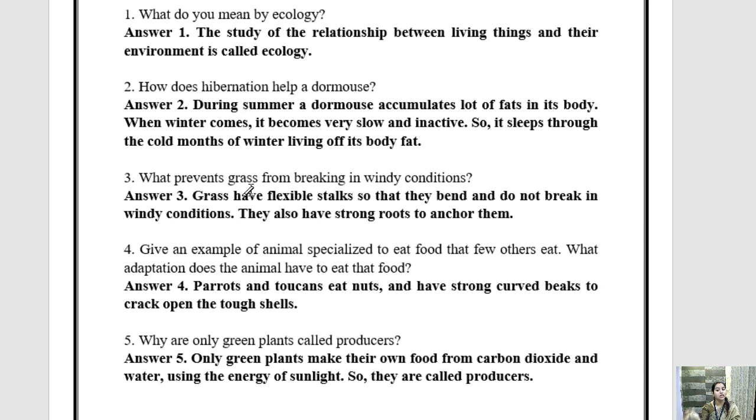Give an example of an animal that is specialized to eat food that few others eat. What adaptation does the animal have to eat that food?